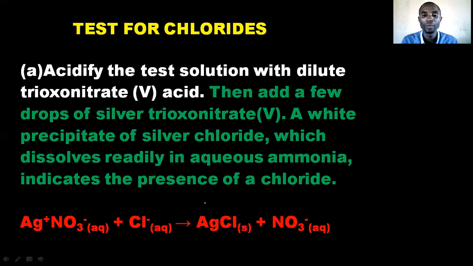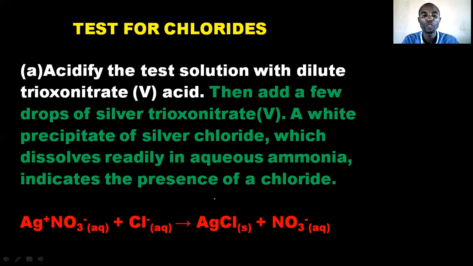Then add a few drops of silver nitrate. A white precipitate of silver chloride, which dissolves readily in aqueous ammonia, indicates the presence of a chloride, which here in this case is silver chloride.